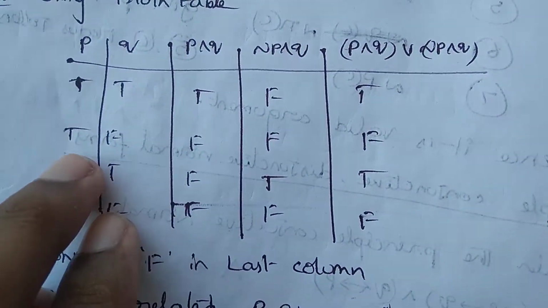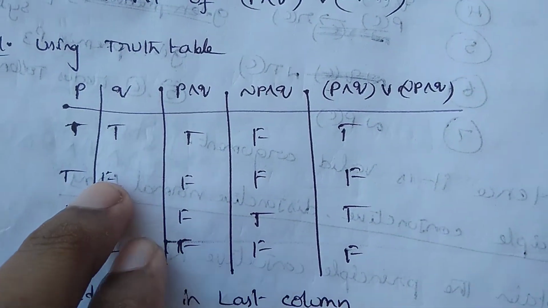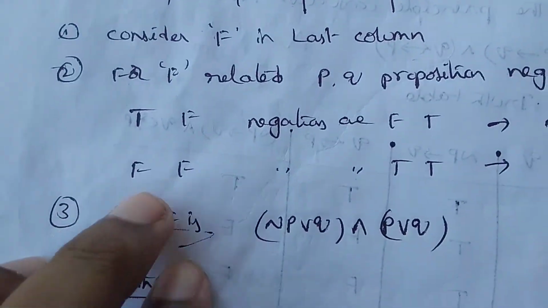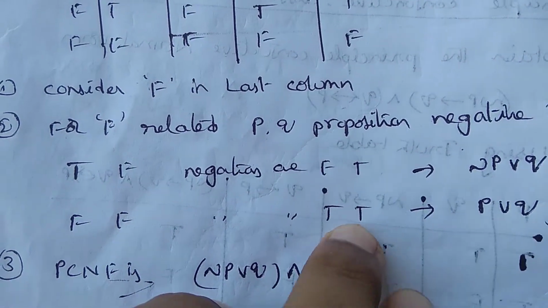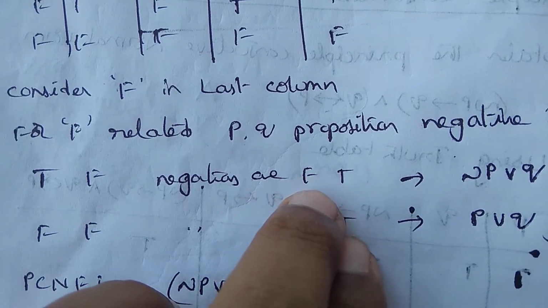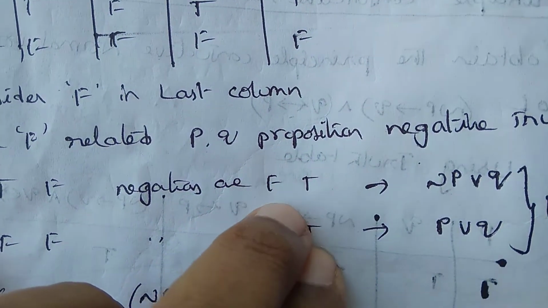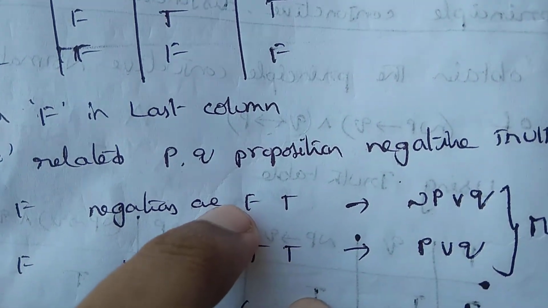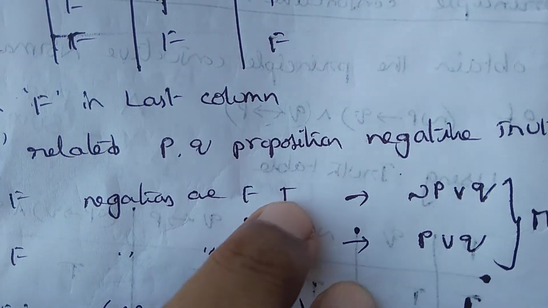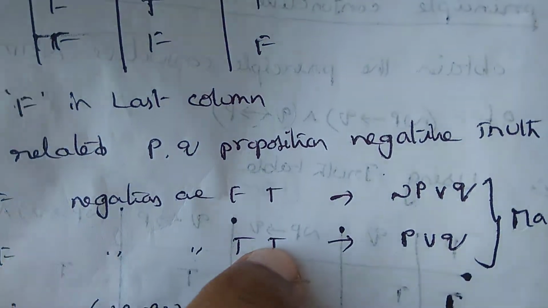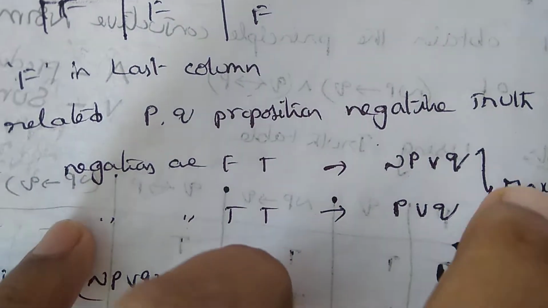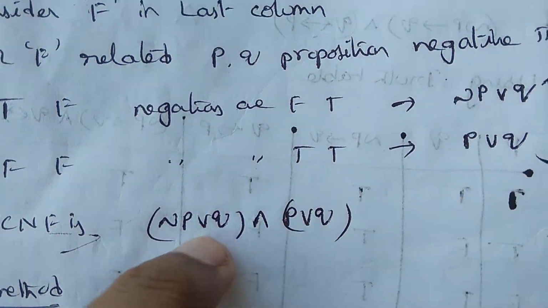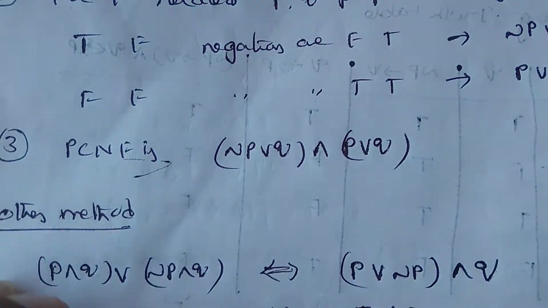For the F's, take these truth values, TF and FF. For these, write negations, using the OR symbol with their propositions: negation P or Q, and P or Q. These are called maxterms. Writing these maxterms in brackets and putting the AND symbol between the brackets, this is the PCNF.